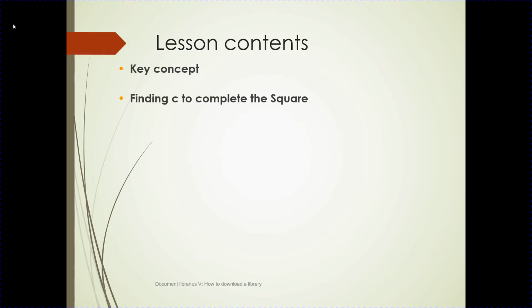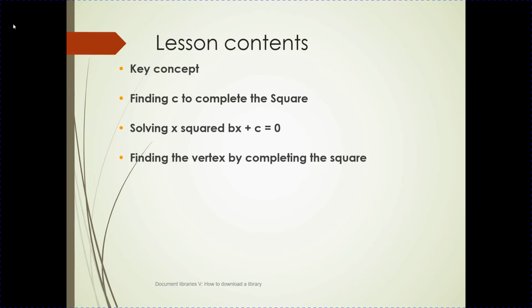That means by finding the value of c using the formula b over 2 the whole square, you can make a given quadratic expression a perfect square trinomial. And directly we'll proceed to solving quadratic equations where the value of a is equal to 1 using the complete the square method.